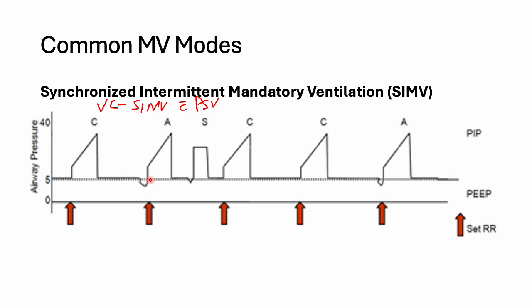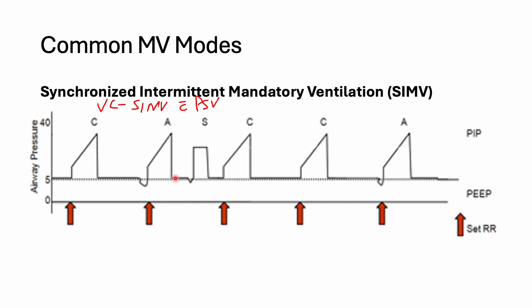So it synchronizes with the patient and delivers the breath, exactly the same shape, same inspiratory time, but we label this as assisted because the patient triggered. But is assisted also a machine breath? Yes, assisted breaths are also machine breaths, because the patient only initiates the breath. Everything else is delivered by the machine.